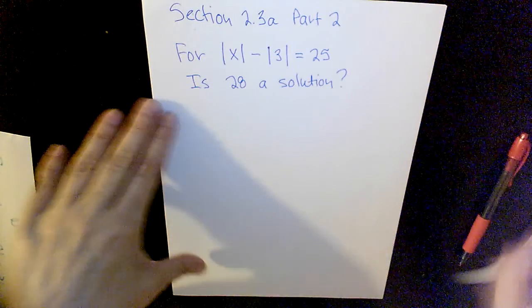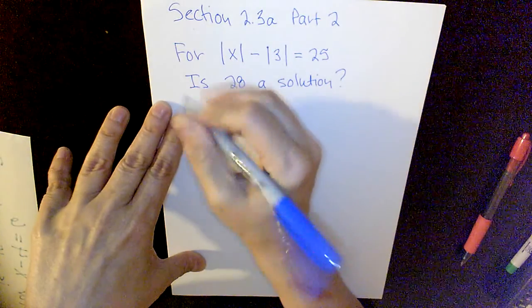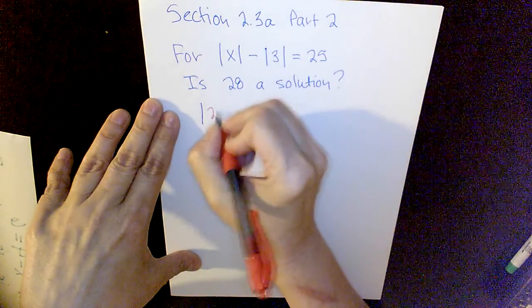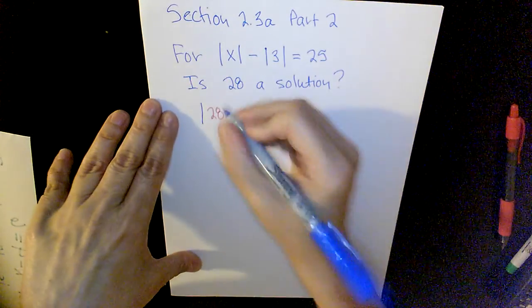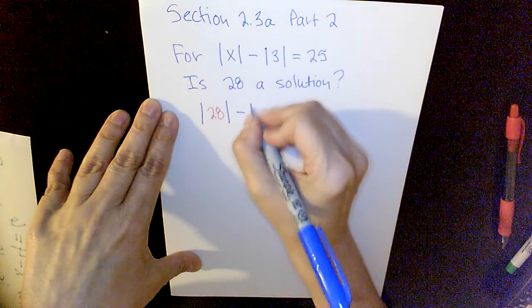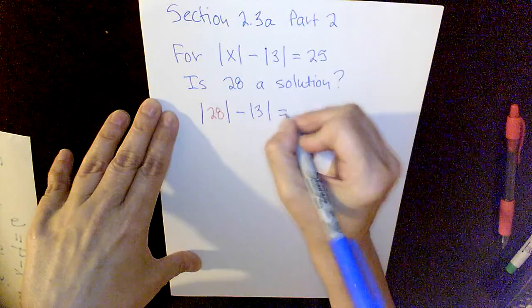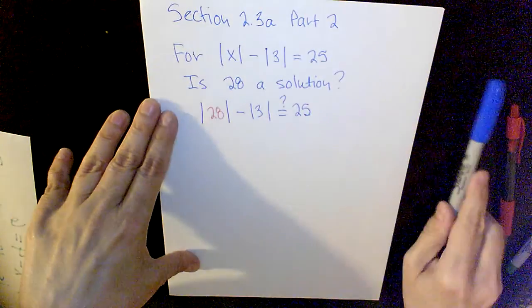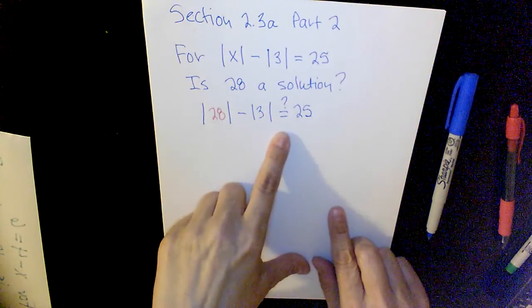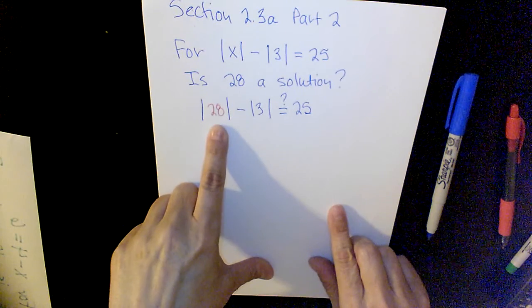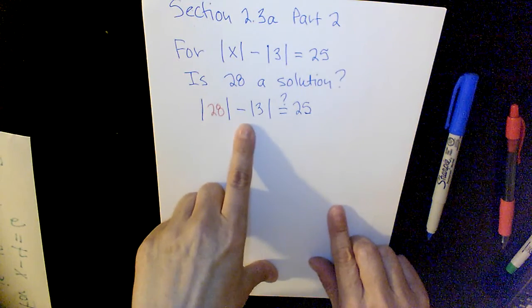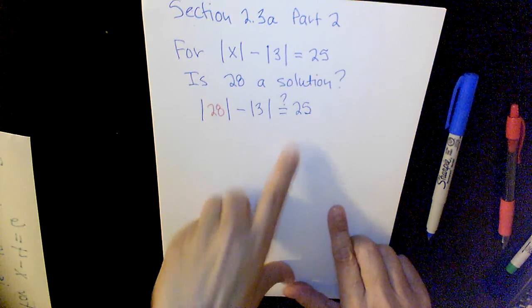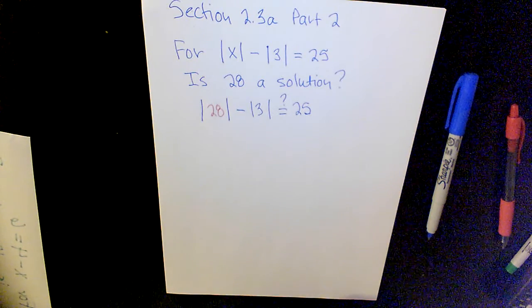So we're going to do that again. So I'm just plugging in the 28. Does that come out to be 25? So here's my absolute value of 28 minus my absolute value of 3. Does that equal 25? Are both sides coming out equal?